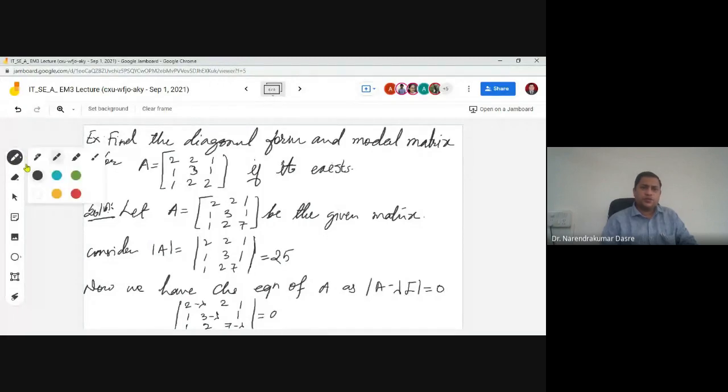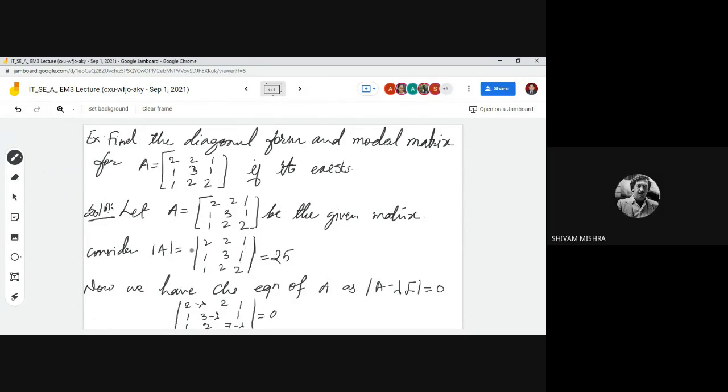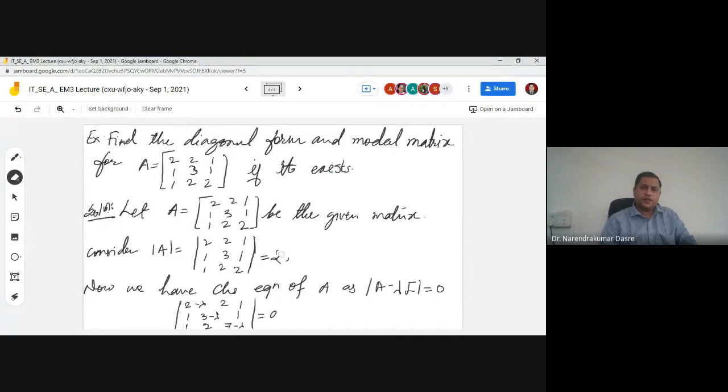It will be easier, because otherwise it will be complex, and we don't want to go to complex numbers. Sir, it's coming in quadratic form. Yeah, that's why I said let us make it simpler. I can change one entry and make it simple. So now see, it will be easier.